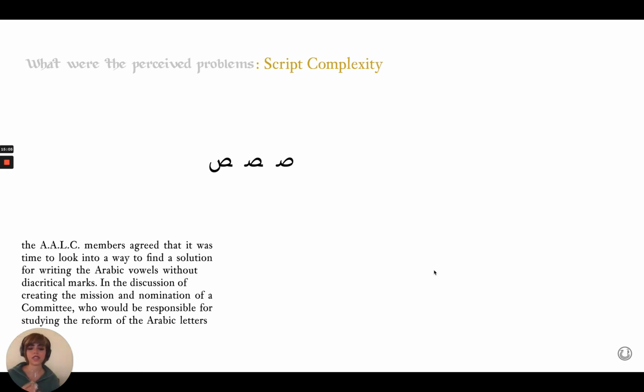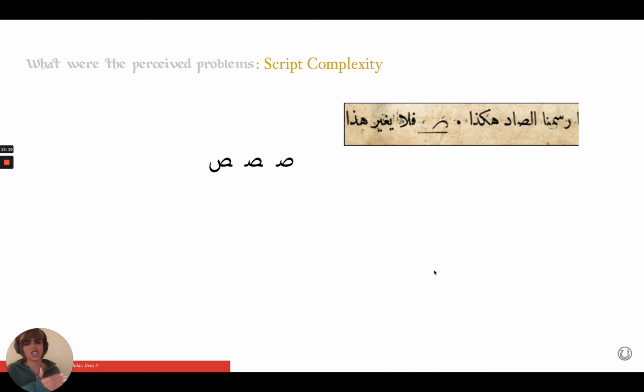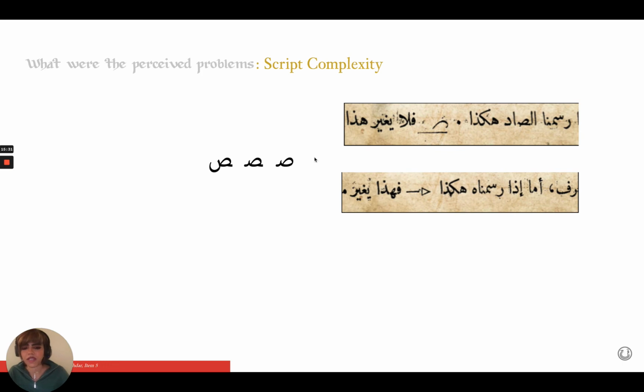The members of the academy started seeking whether any change to the Arabic would affect its fundamentals, and what the fundamentals of the Arabic actually are, because that can differ from each practitioner. They were studying what if we draw the letters in these kinds of shapes, would that affect the letter Sad?